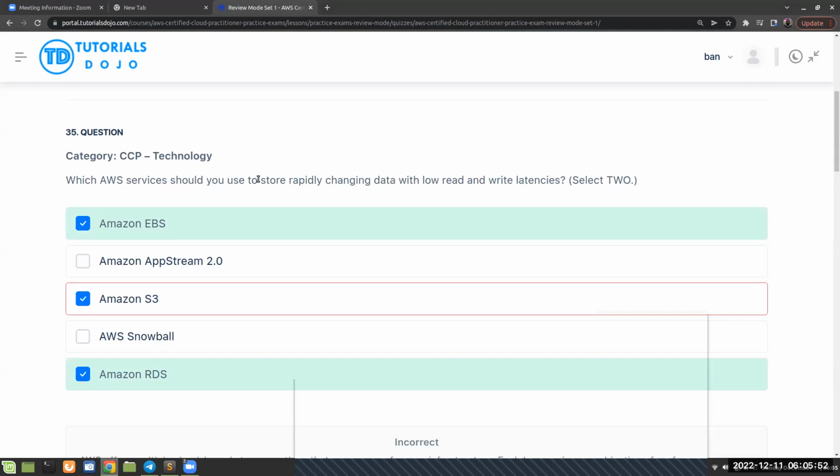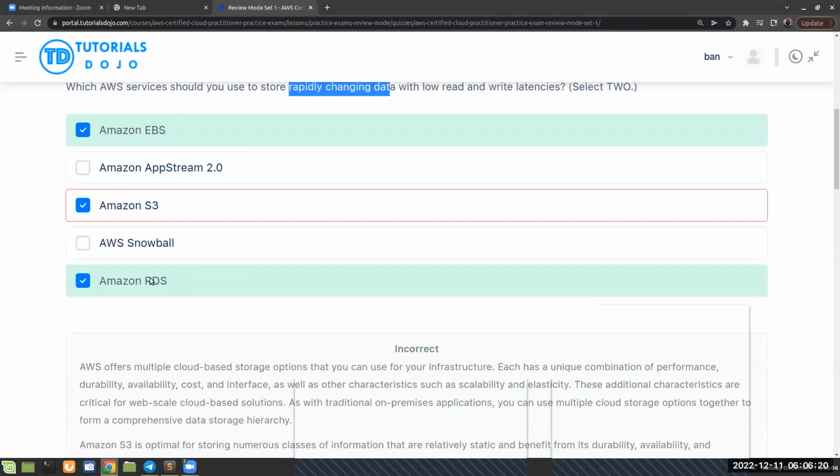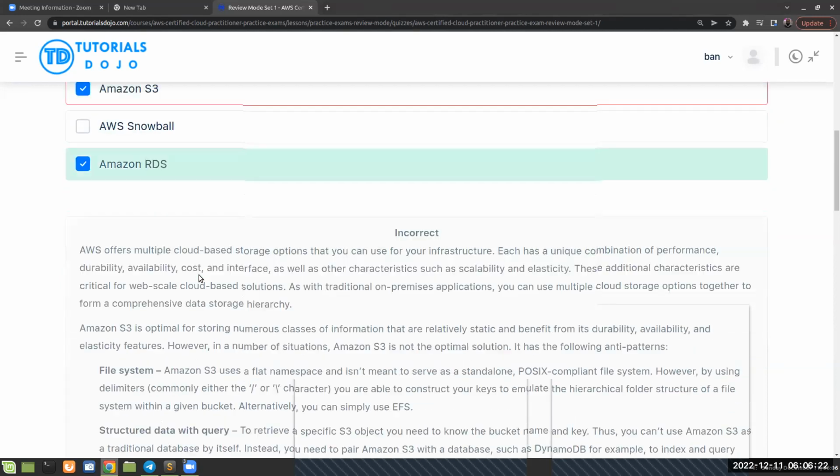So S3 is an object storage and it's for static data. So rapidly changing data cannot be stored on S3, right? So you then use RDS.